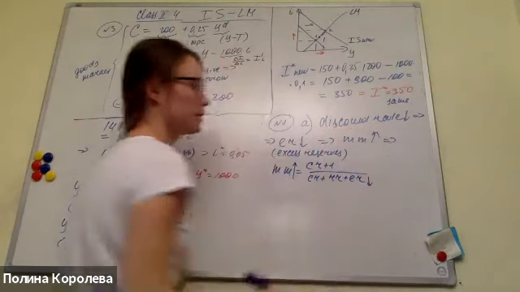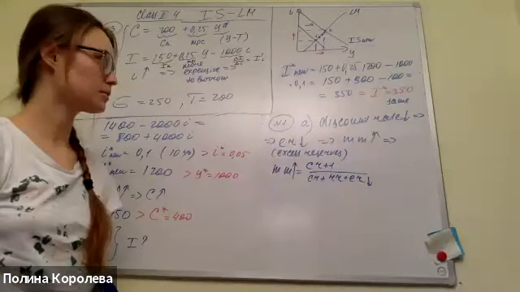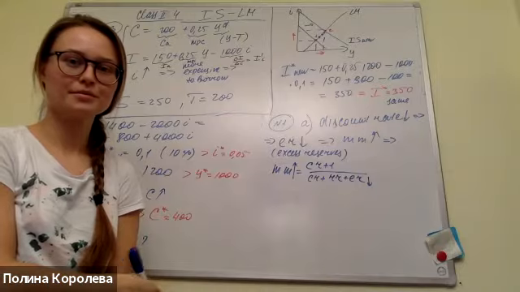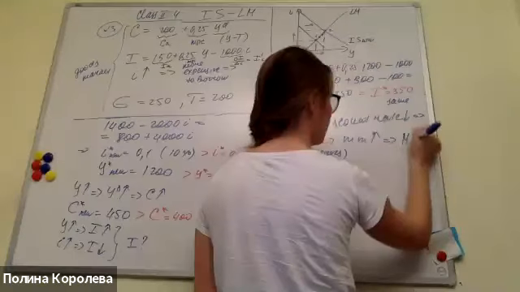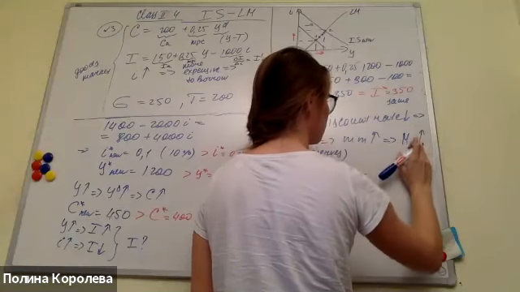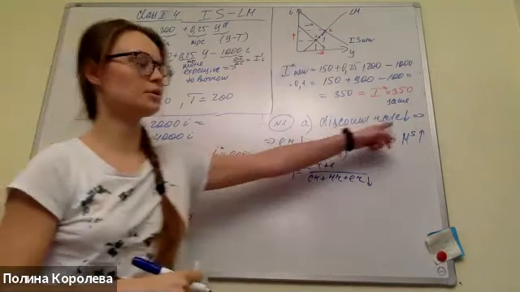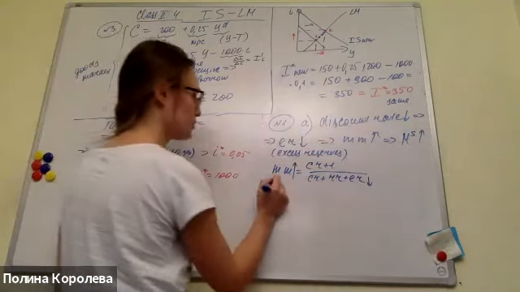And if money multiplier increases, what increases? The supply. Supply of money, yes, exactly. Money supply increases. So we see here stimulating monetary policy. Yes, money supply increases.